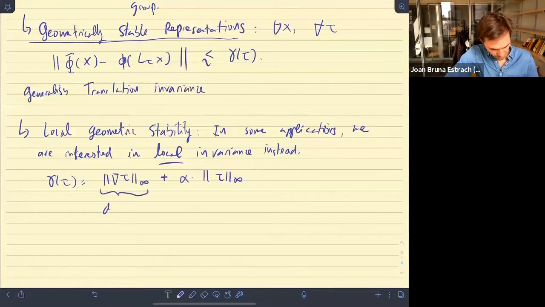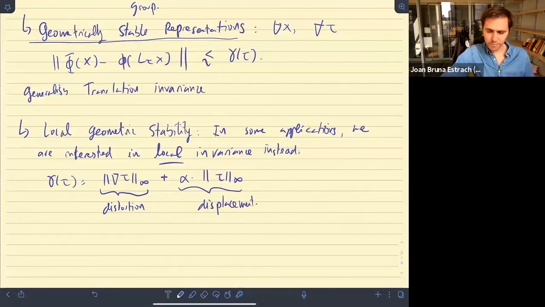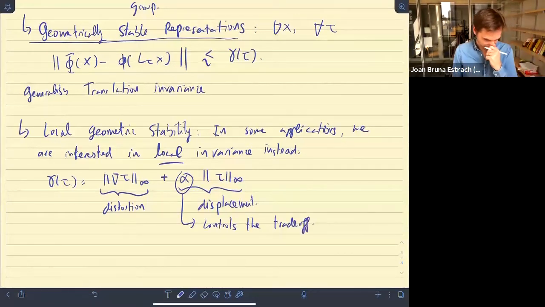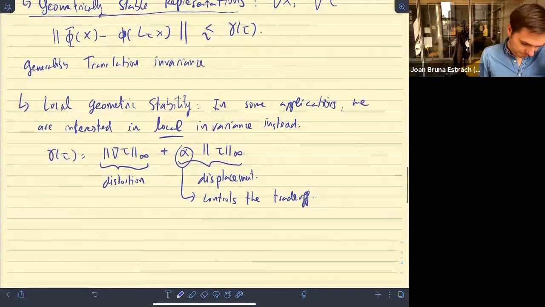This is the distortion, and this is the displacement. So if I have a change of variables that moves things very far, I still want to be able to detect it. I don't need to be invariant to all these things. So this controls that.